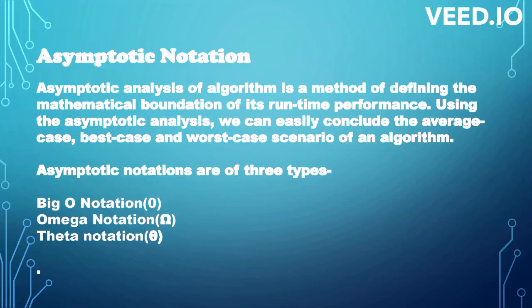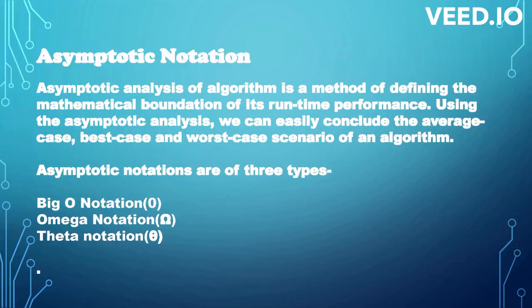Now asymptotic notations are used to calculate the time taken, that is maximum time, minimum time, or average time. Last time we learned about time complexity, that is best case, average case, and worst case. That part we are going to execute in big O, omega notation, and theta notation.